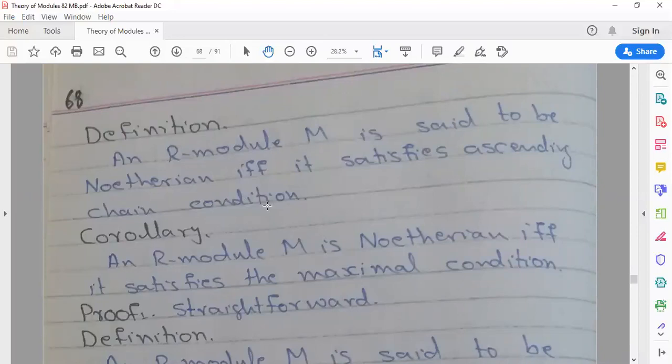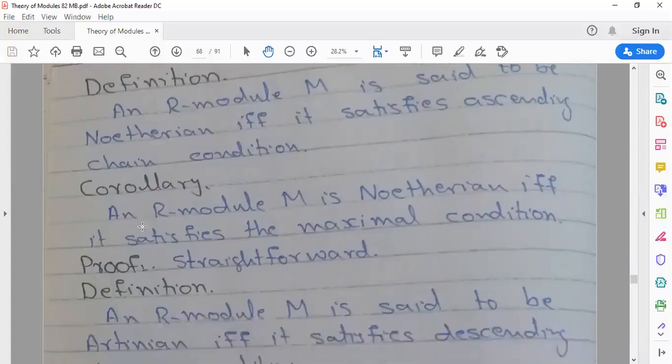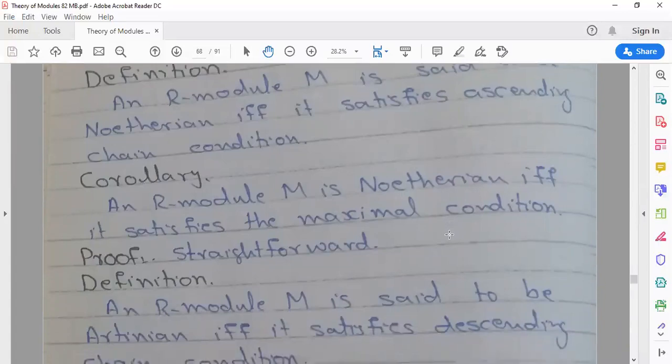This is just a special part of those theorems. We have taken the first part of the theorem, while some theorems contain a second part. So basically we have already done it. An R module M is Noetherian if and only if it satisfies the ascending chain condition. After this we study a corollary: an R module M is Noetherian if and only if it satisfies the maximal condition. This is obvious.